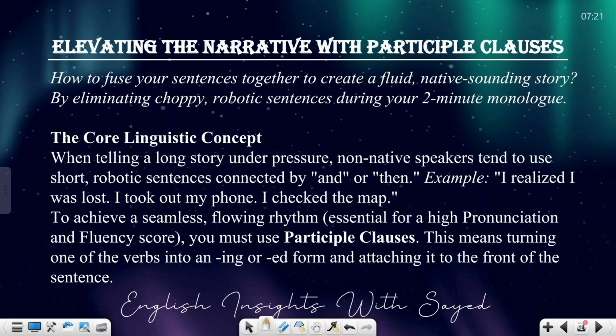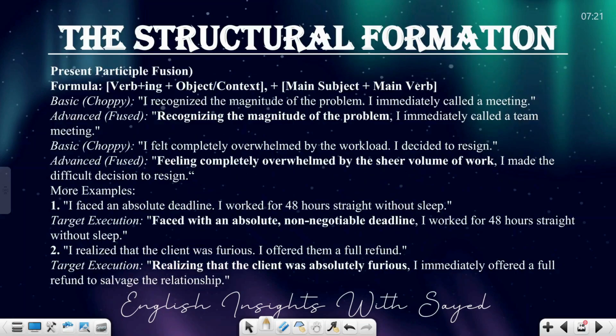By adding the -ing form of the verb, making it a participle phrase, we can make a longer sentence. So present participle fusion: verb-ing, and context, main subject and main verb. That is the basics.